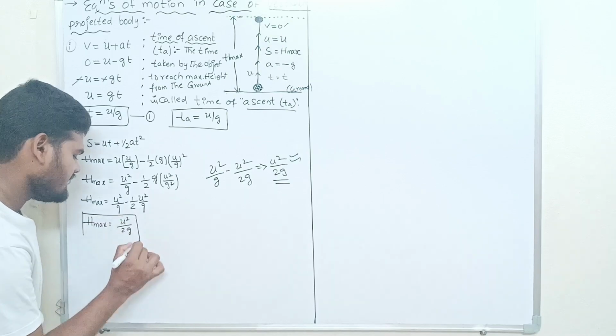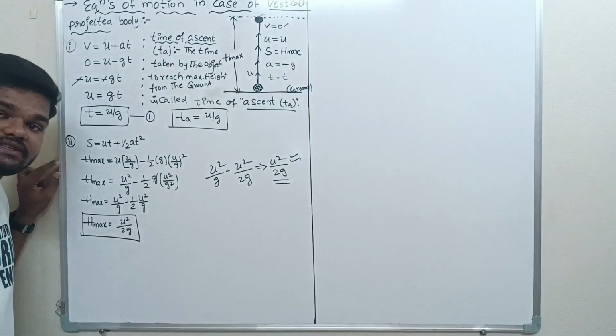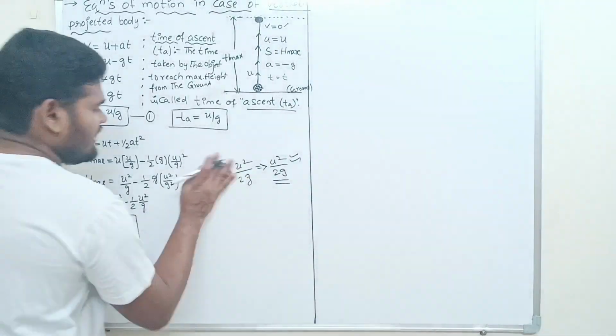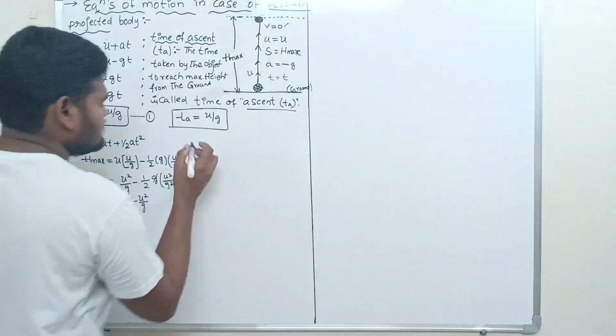So the maximum height of the object is u squared by 2g. Any doubts?